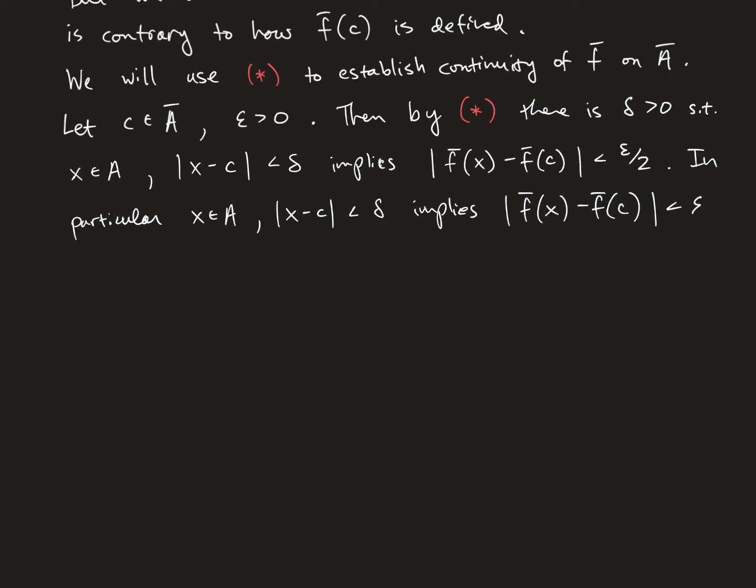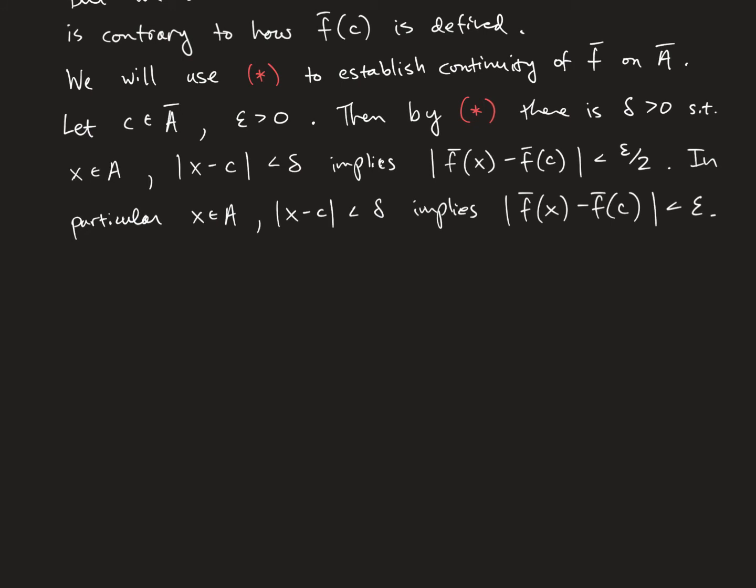are separated by less than epsilon over 2. All right, so ultimately, with this epsilon greater than 0, we want to say that any x within delta of C implies this, right? But right now we have the restriction that if x is in A and within delta of C, then we have the inequality we're looking for.